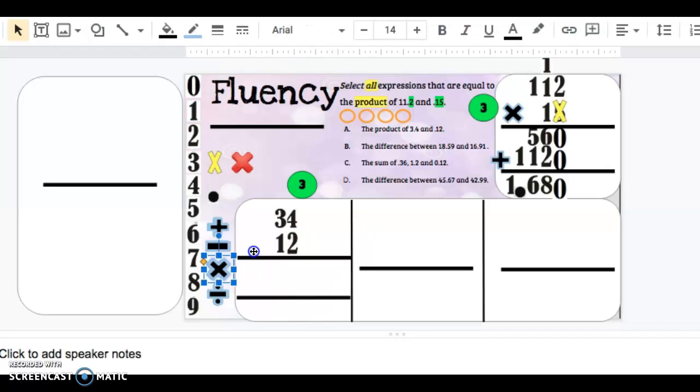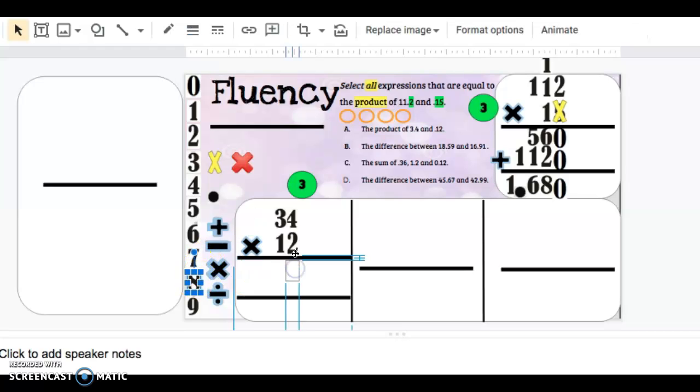Put the times sign. So I do 4 times 2, get my 8. 2 times 3, 6.